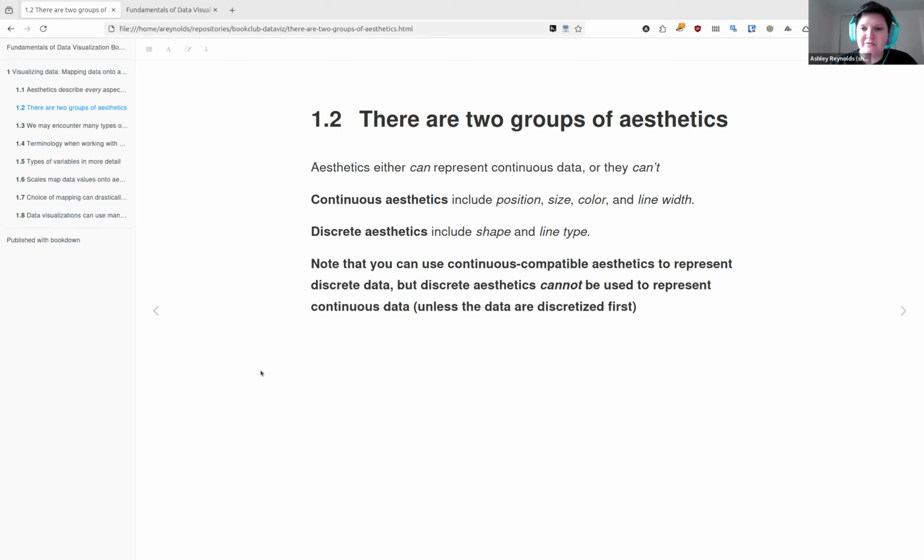So an example of that would be taking a continuous variable and then binning it to make a histogram. You're essentially turning your continuous data into discrete values, and that would allow you to use discrete aesthetics like shape or line type for those data.